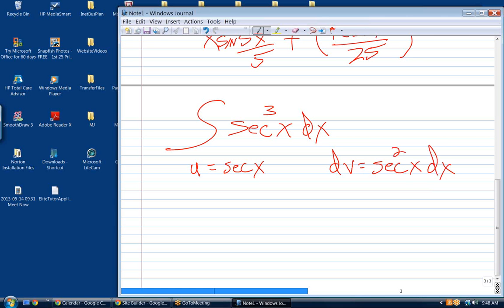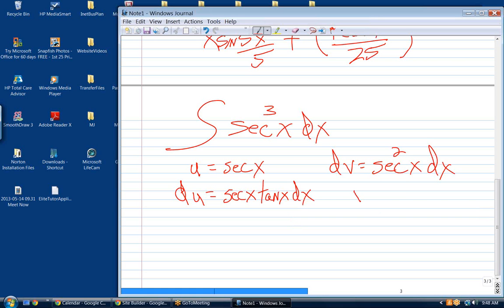And the logic behind this is, like I said, a little tricky, but it's going to demonstrate the point that I really want to demonstrate to you. So let's proceed here. What is du? Actually, the derivative of secant is secant tangent. It's one of those harder ones to remember for sure. dx.